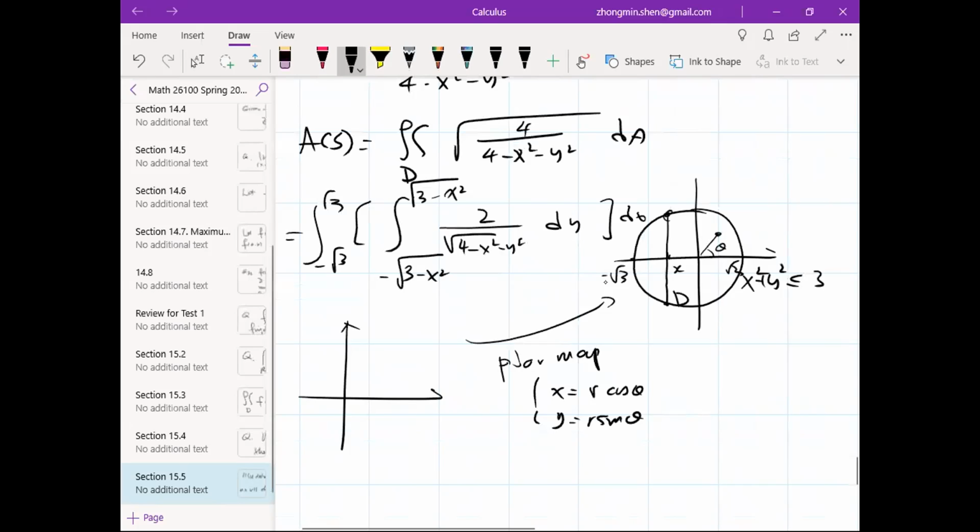Here's the angle theta. So theta should be between 0 and 2 pi. R is between 0 and square root 3. Okay, this is the r. This rectangle is mapped to the disk.